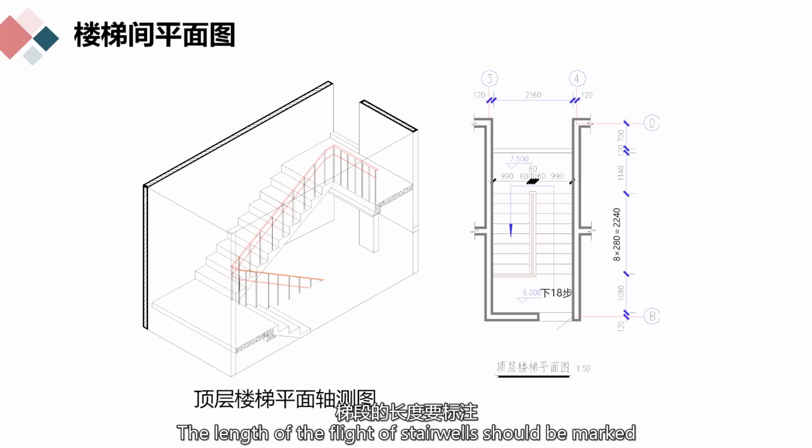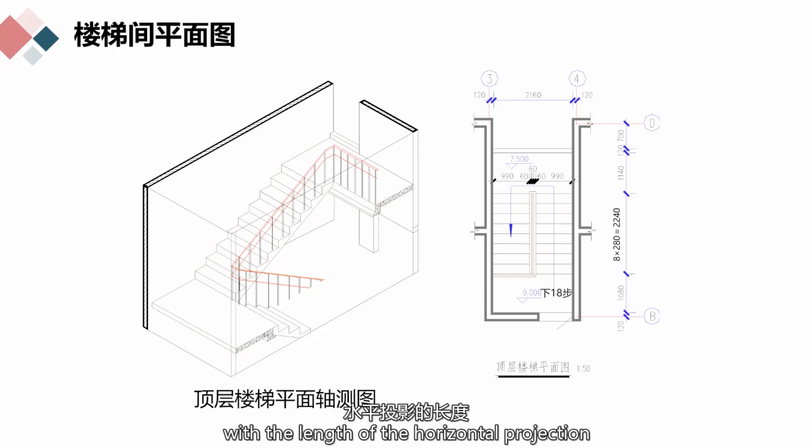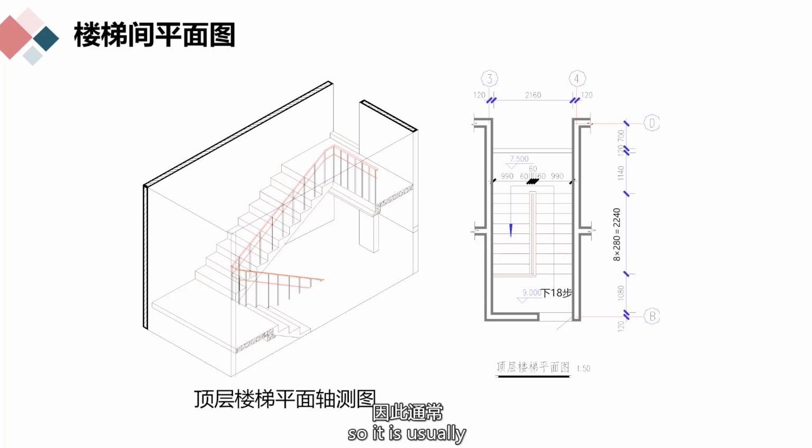The length of the flight of stairwells should be marked with the length of the horizontal projection, so it is usually represented by the number of treads multiplied by the tread width, as in the top floor plan, 8 multiplied by 280 equals 2240.